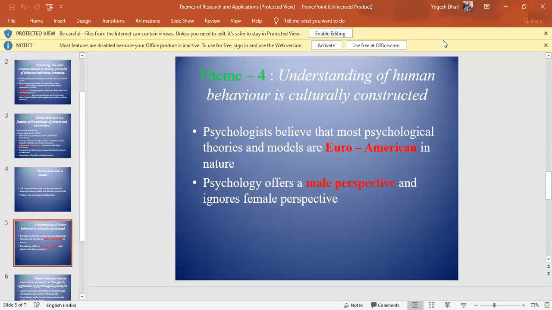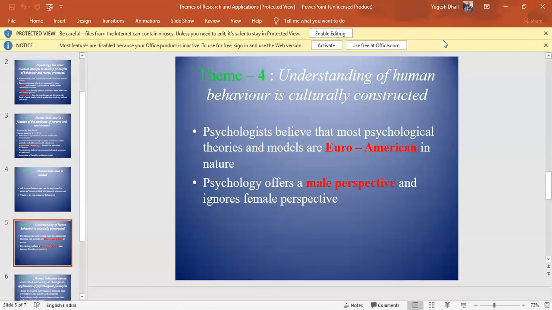Mostly psychologists believe that many theories and models, for example, theories of attention or models of learning, are all Euro-American in nature. Means the theories were created either in Europe or America, which suits people living in that area only.